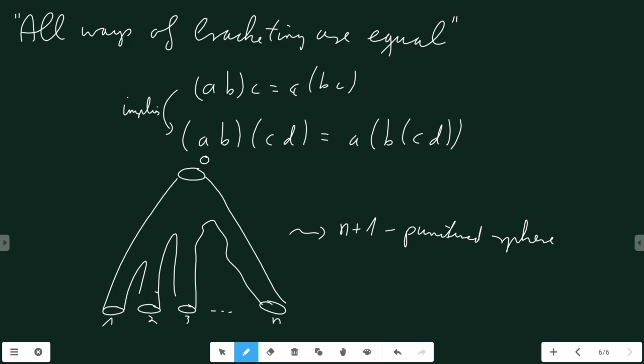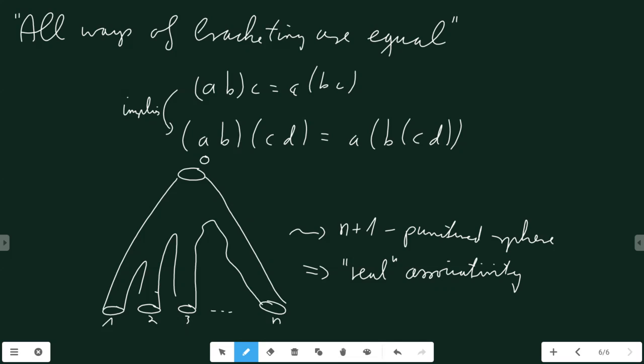Which immediately implies that no matter how you draw those associativity diagrams, they're all the same. Let me just call this real associativity, meaning that really all bracketings are the same, not just three bracketings. And this proof works again for any monoidal category immediately, not just for vector spaces or for groups or whatever.